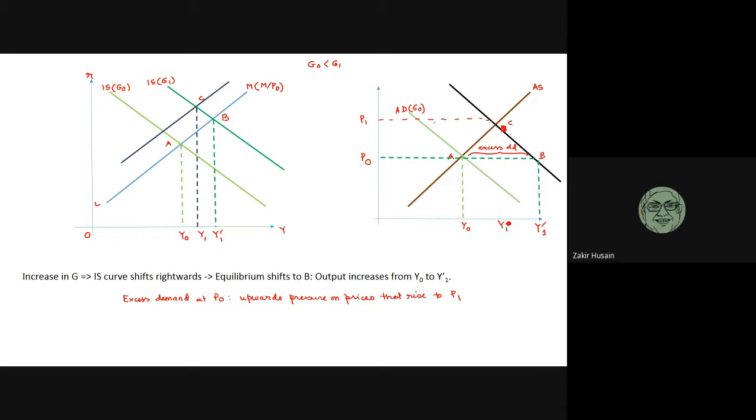Sorry, it should be over here. In the LM curve, we have M by P1. So what is the change? This is the increase in the ISLM model. But when we have flexible prices, the increase is only this much.